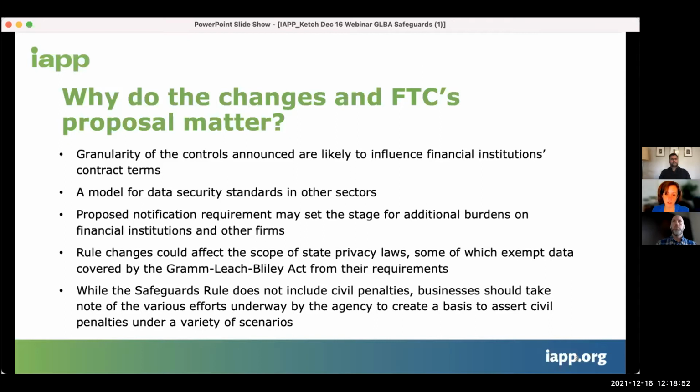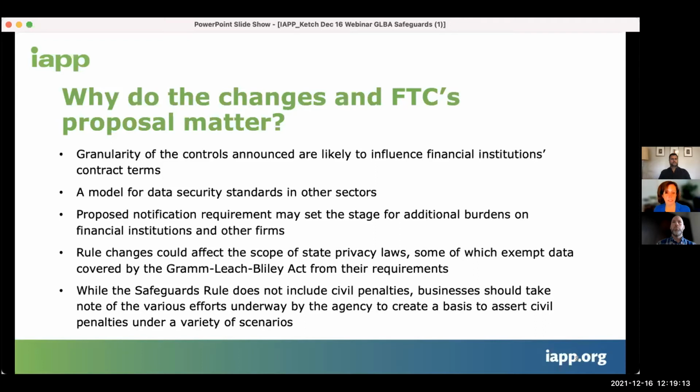The FTC has also proposed to require notice to the FTC when a financial institution determines that there's been misuse of consumer information and 1,000 or more consumers were affected. This proposal may set the stage for additional burdens on financial institutions and other firms.